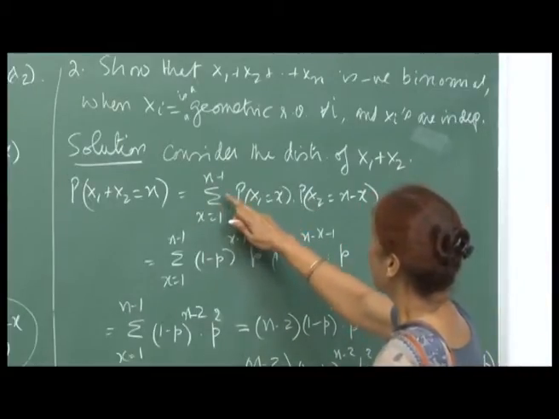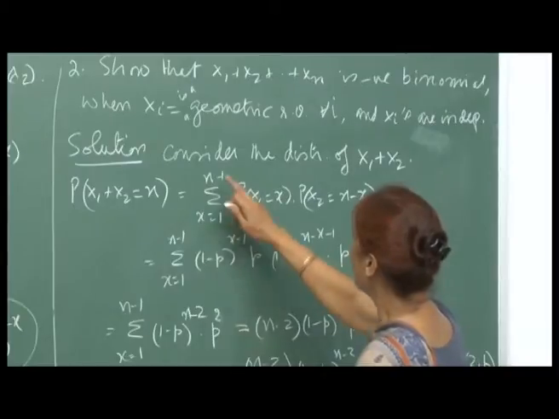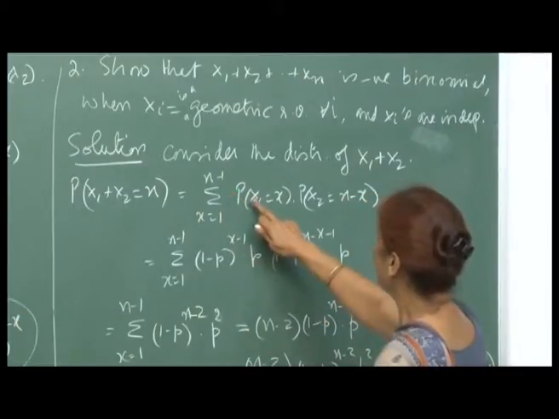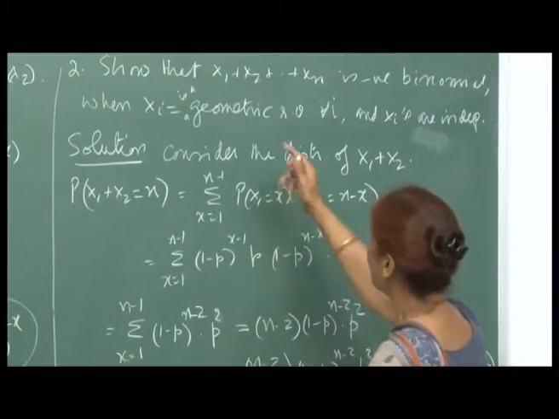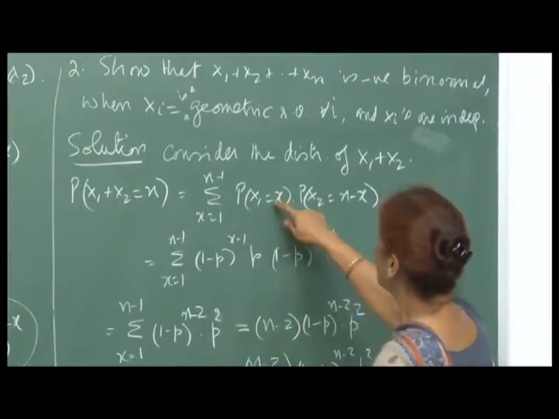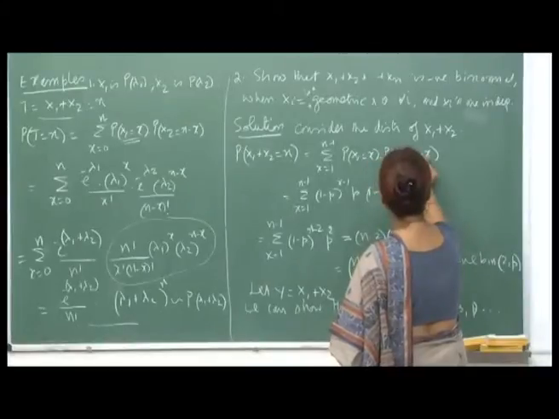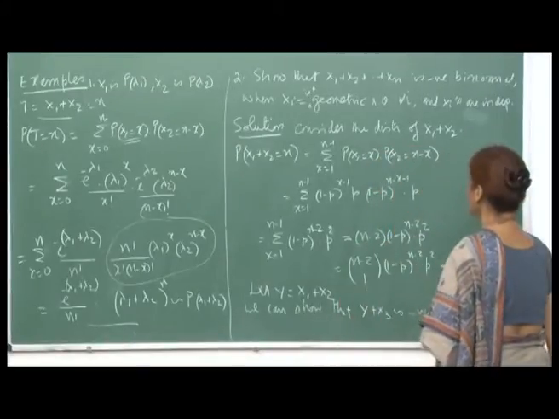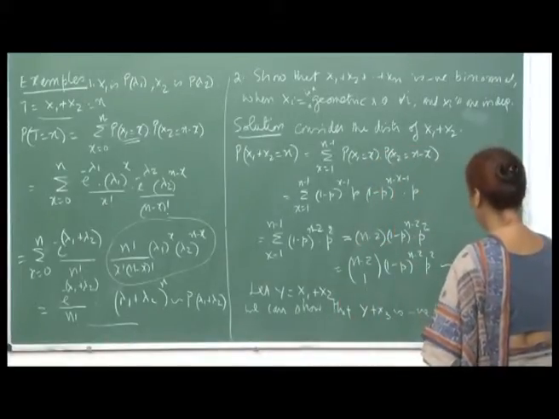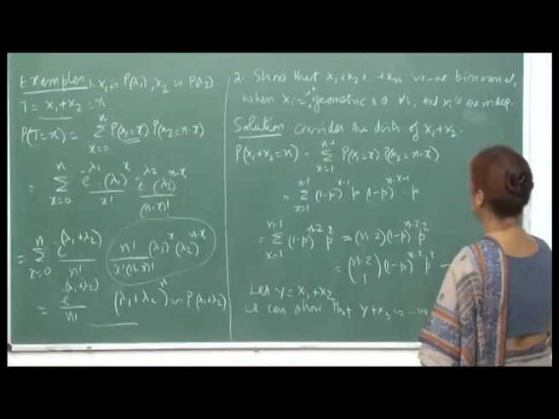So I have to take the summation from 1 to n minus 1. If I fix X1 at x, that means for the first geometric random variable the first success occurs at the xth trial, then for the second one the first success will occur at the (n minus x)th trial.